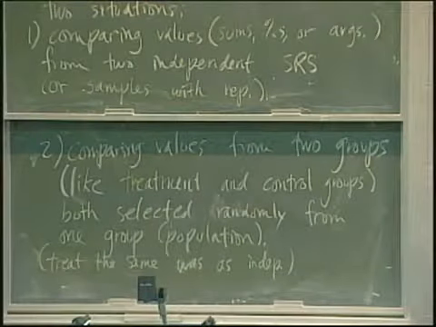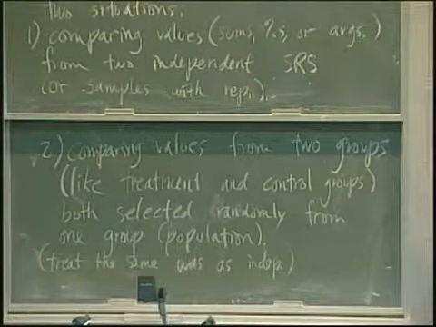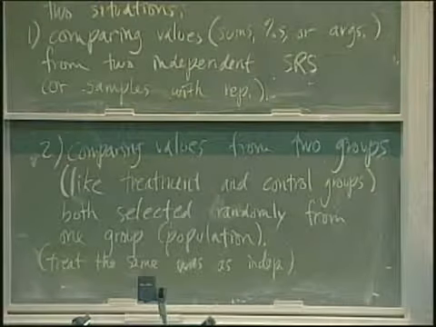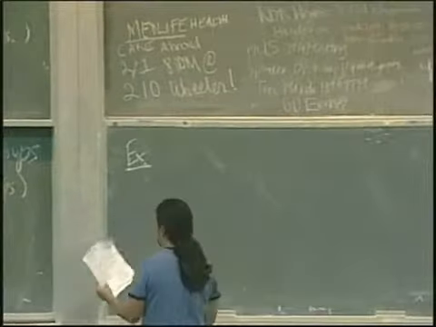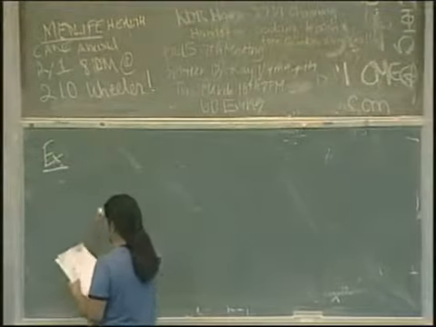So in the context of this hypothetical case where I want to do an experiment on the class, let's suppose I want to do some sort of medical experiment in the class.